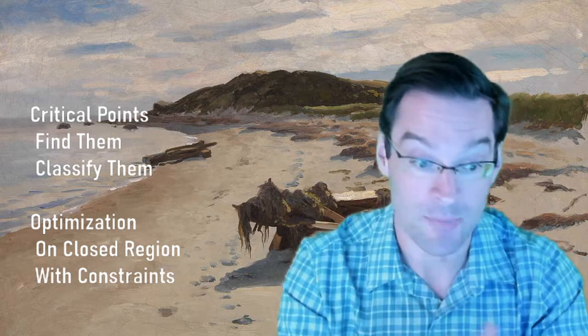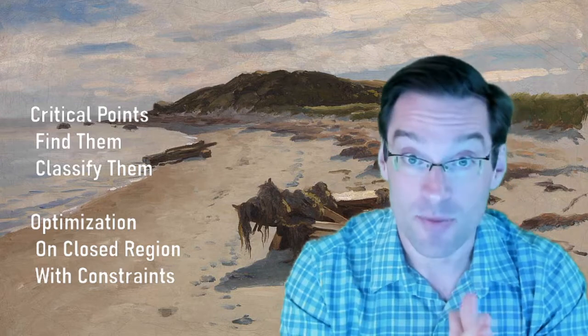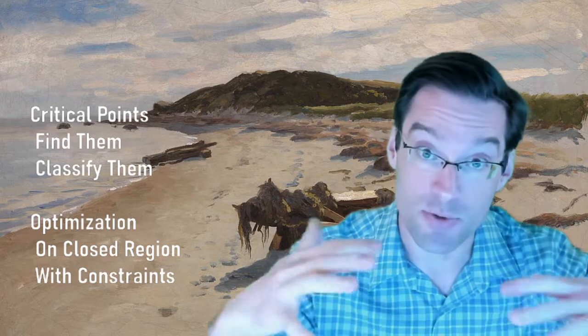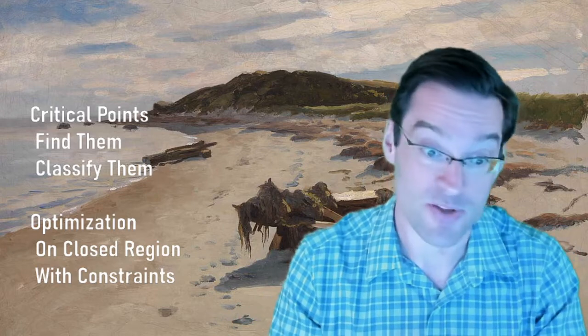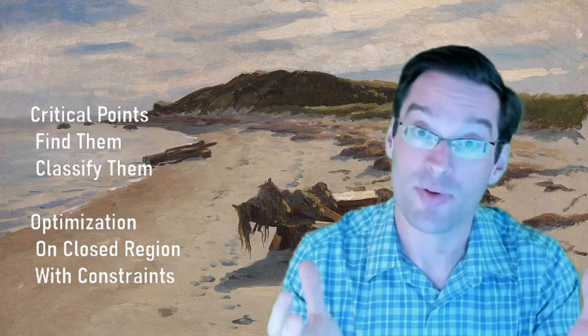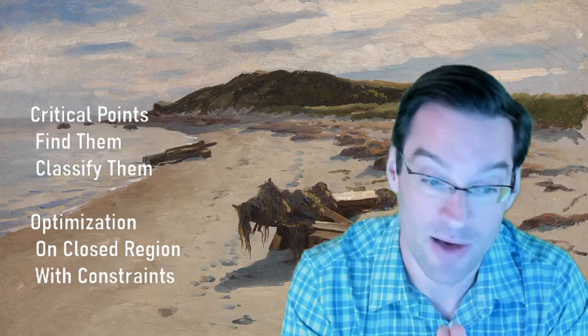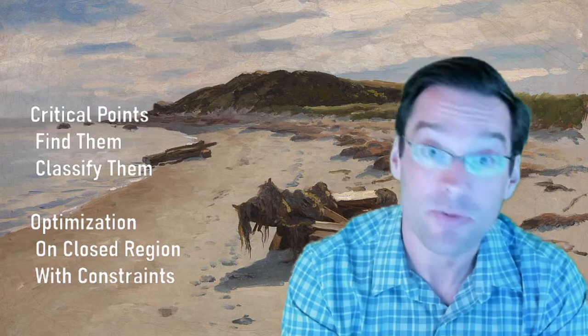a closed domain. And then finally, sometimes we have more specific constraints that actually reduce the dimension, if you like, of the domain that's available to us. Maybe we can't do an optimization problem on an entire open subset of the XY plane for my domain. Maybe I have to live on a certain level curve or something like that.